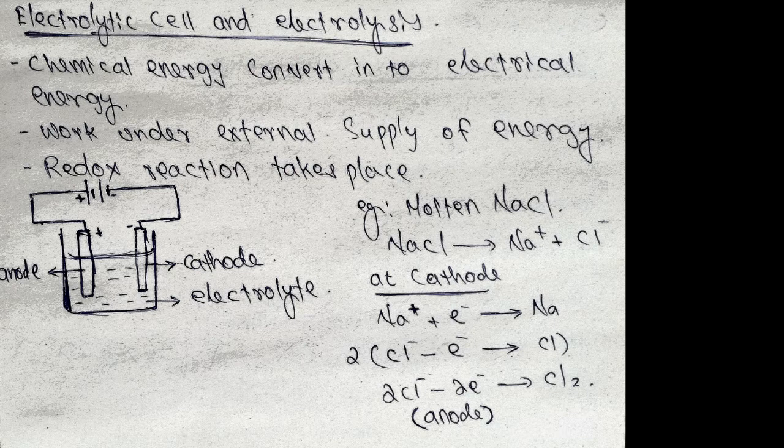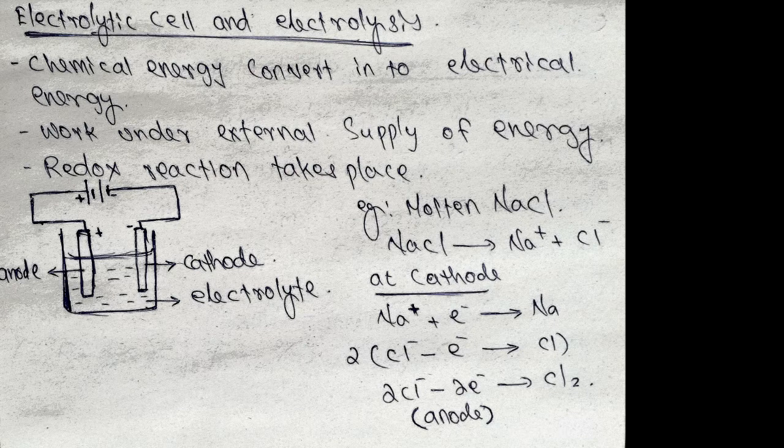Also you can see there are two electrodes in the solution. One electrode is connected with the positive terminal of the battery and has a positive charge. This positive electrode is called the anode. The other electrode is connected with the negative terminal of the battery and has a negative charge.